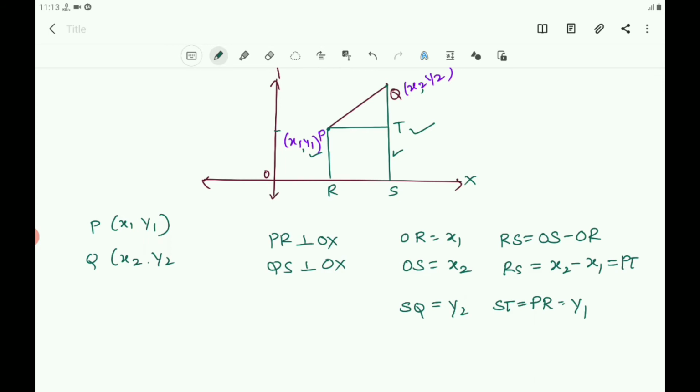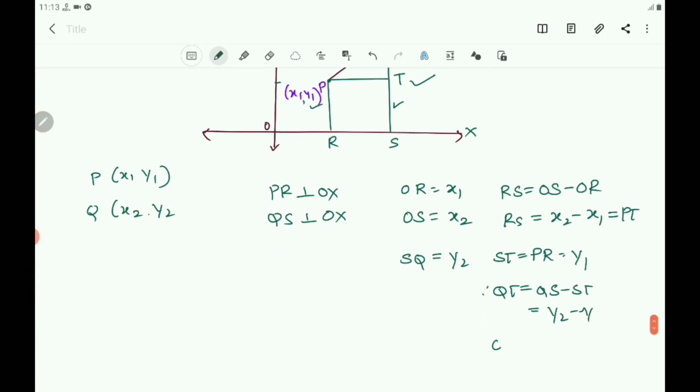Then you can also take QT. Therefore you can write QT equals QS minus ST. QS is y2 and ST is y1.